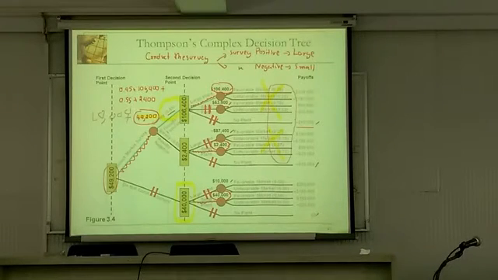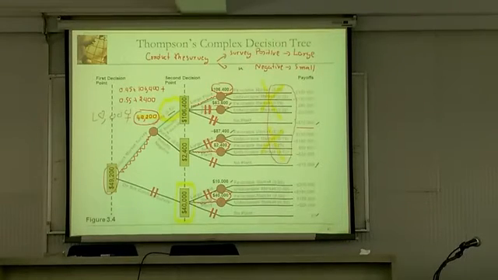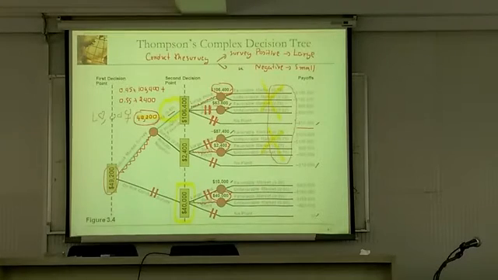You give the result of the survey first, then I'll figure out the probability of the market. If I give you the probability of the survey given the result of the market, that's not going to be correct, because that's how the flow of our decision tree is going to be.